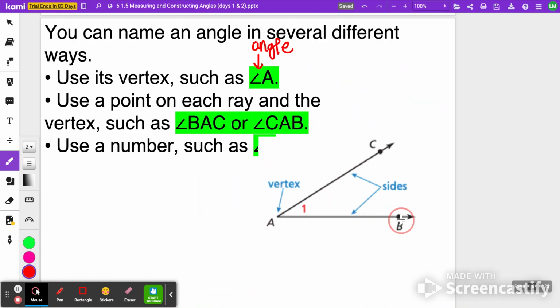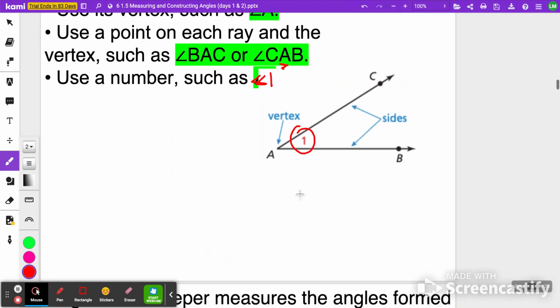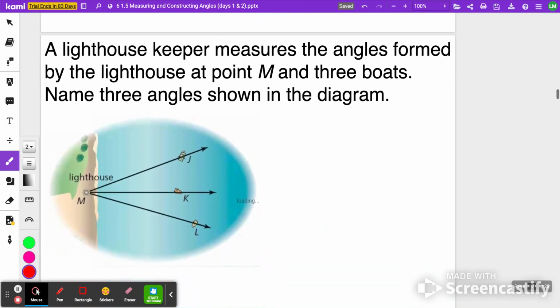So look how BAC happens. B is on the outside, we go to A, which is the vertex, and then C, or you can even go vice versa, C, A, B. Just make sure that A, that vertex, is in the middle. And then this part got cut off, but if we use a number such as angle 1, here is that 1 right there.